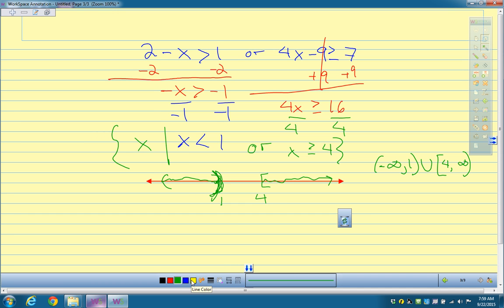Okay? Because this goes from negative infinity up to 1, not including 1. And this goes from 4 up to infinity, where you can't put a bracket on infinity. You got that, Akash? You good? Got that, Mandy? All right, one more.